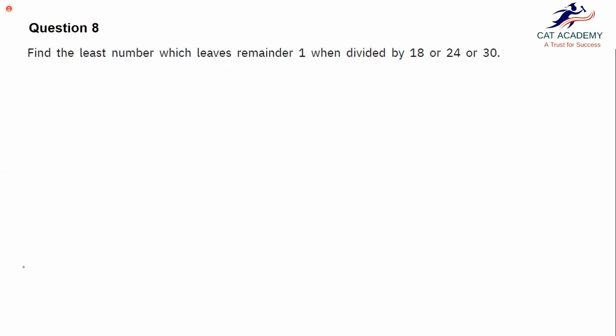Try this one. Find the least number which leaves a remainder 1 when divided by 18 or 24 or 30. Which logic is this? Should I take away the extra chocolate or should I give some extra chocolates?